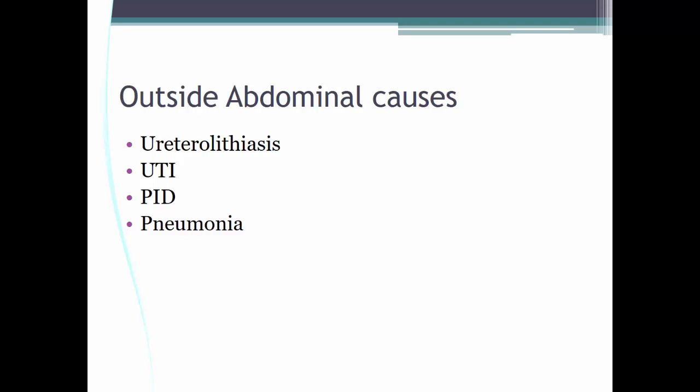So if the patient has pneumonia, they could present with atypical symptoms, maybe not short of breath or cough, but they could have abdominal pain. Peptic inflammatory diseases, patients with urinary tract infection, or patients with ureterolithiasis. For example, having a renal colic, patients would have a wavy, colicky abdominal pain associated with dysuria, associated with costovertebral angle tenderness, with radiation to the labia or to the scrotum or to the perineum.